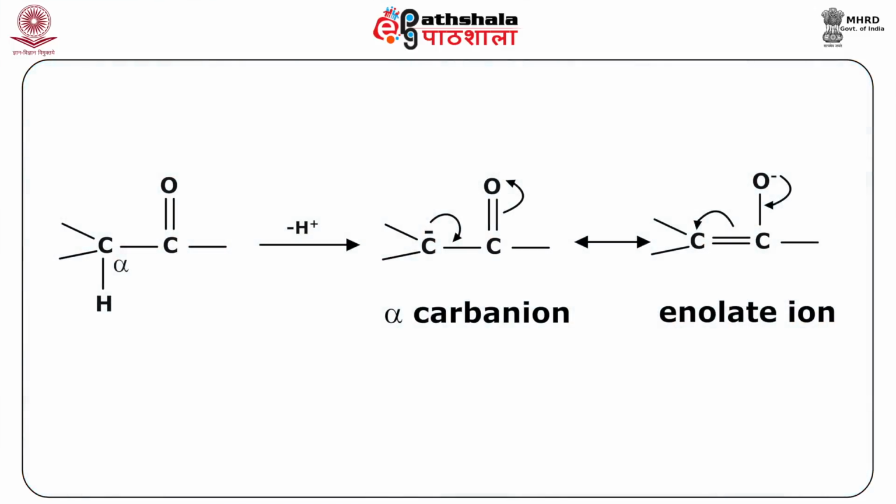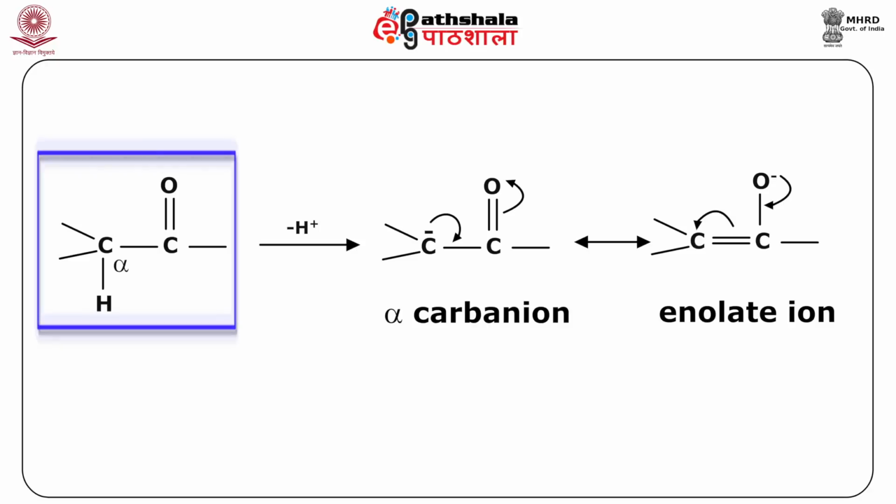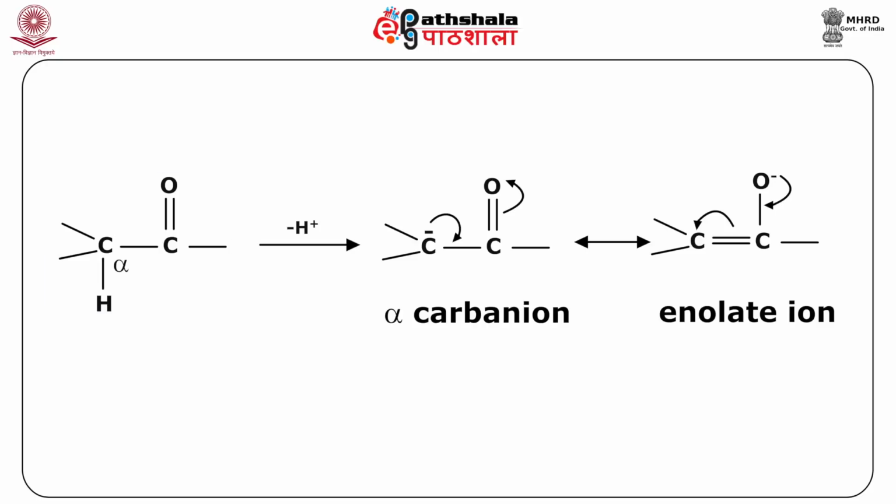As a result, the alpha carbon and the carbonyl oxygen are the two nucleophilic and basic centers of the enolate anion. And as you can see here, this is the alpha carbon joined to this hydrogen, and once this alpha hydrogen is removed, there will be formation of negative charge over carbon.